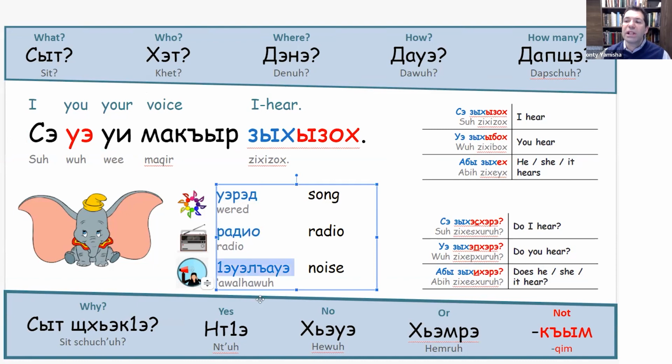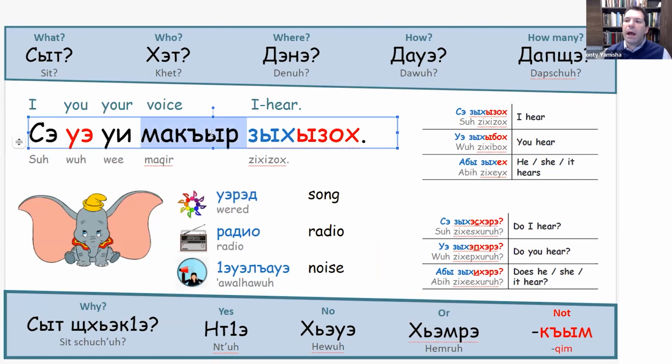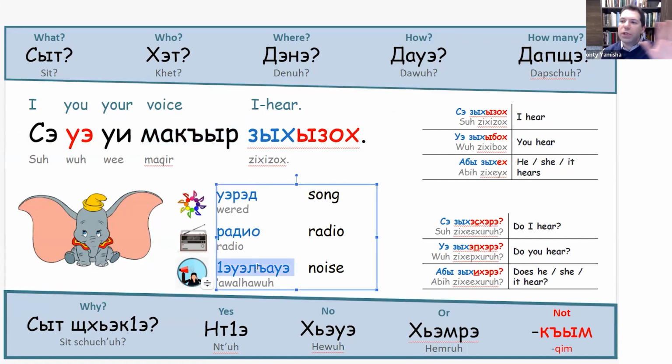Awa awathawa zichizoch. I hear a noise. So maq, it means voice or sound. Okay. Awasawa only ever means noise.